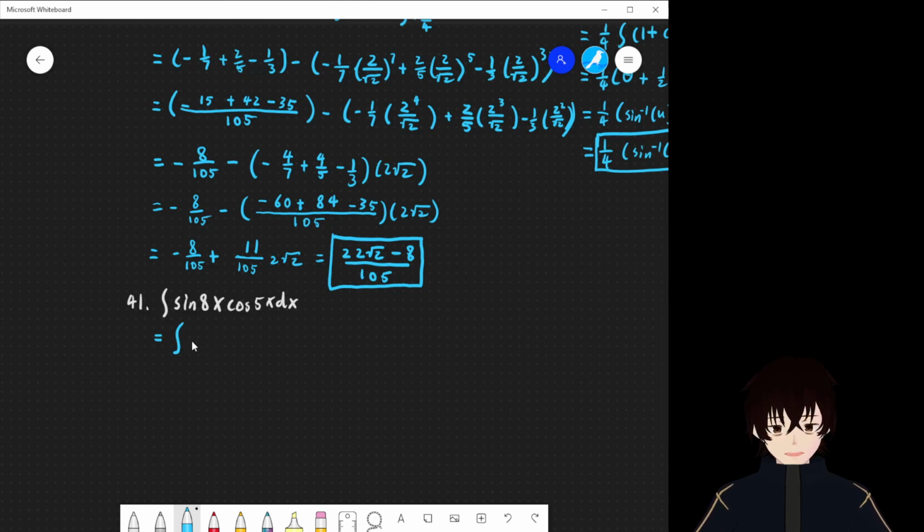But I do know that this is equal to 1/2 of sine of 8x minus 5x plus sine of 8x plus 5x dx, if I remember it right.